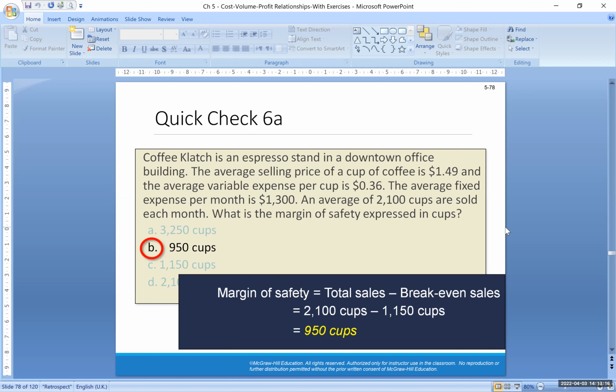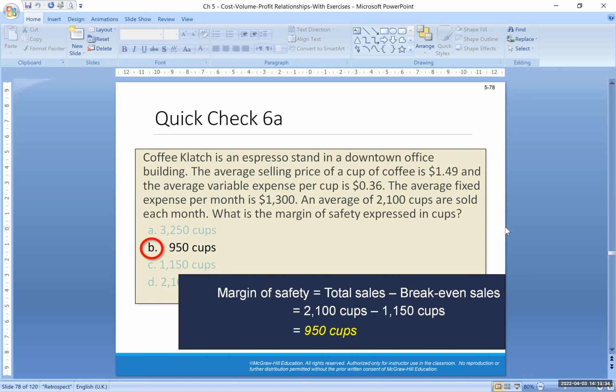The cups sold actually are 2,100, which is the total sales in units. We need the break-even sales in units.